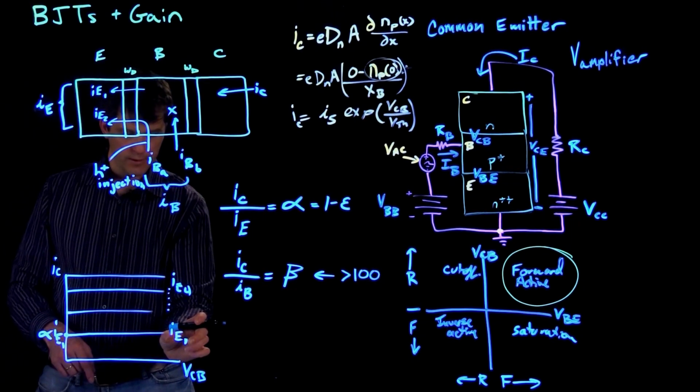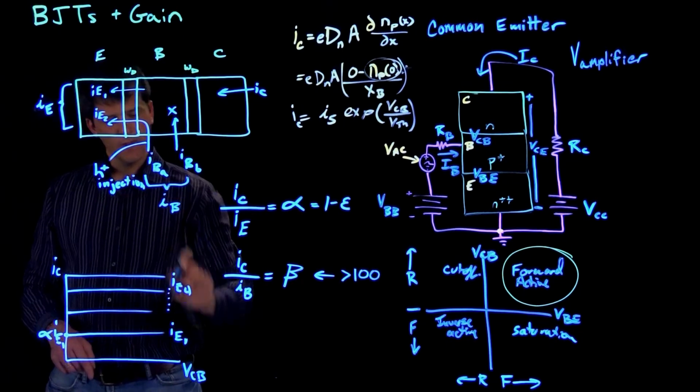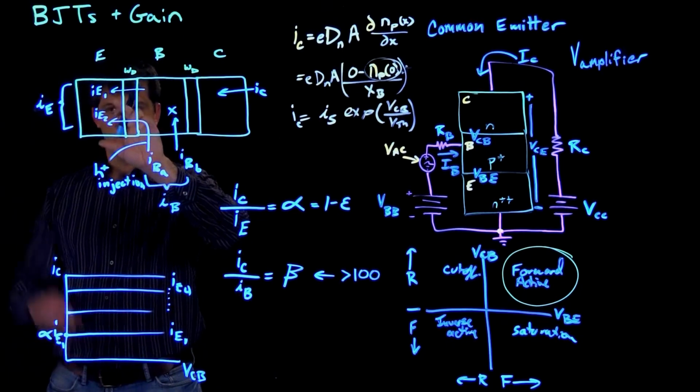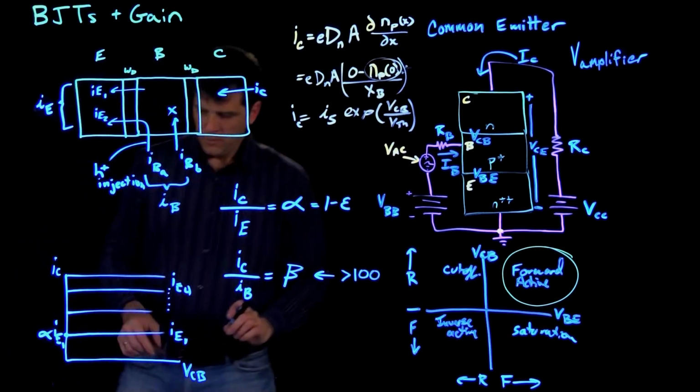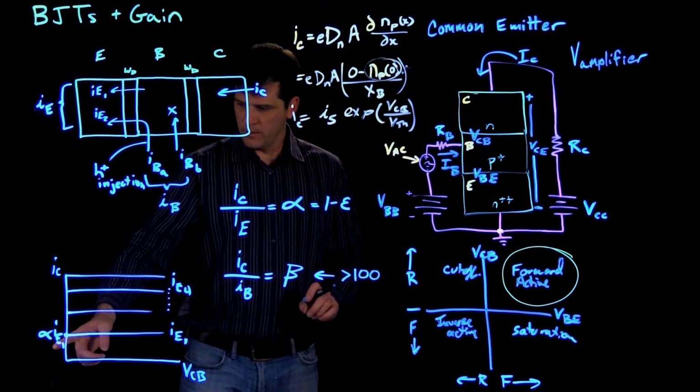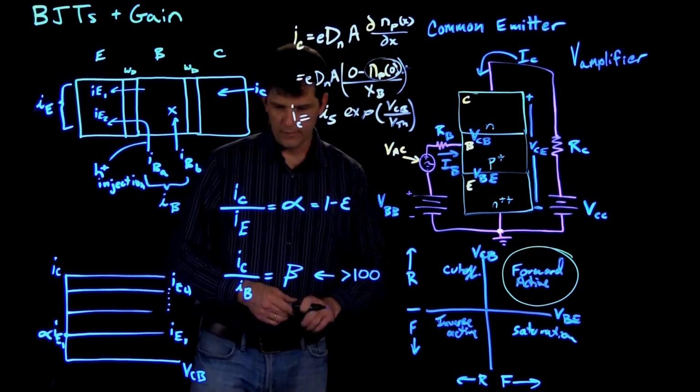So for each of these values of the emitter current, and notice these indices are referring to this total current, not these subcurrents, the collector current is just multiplied by this alpha.